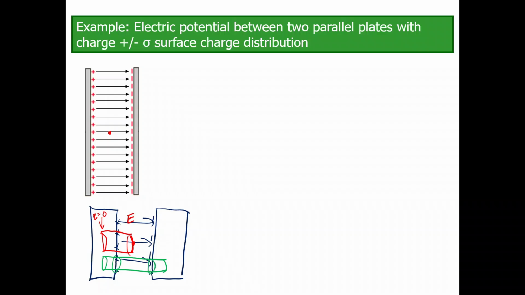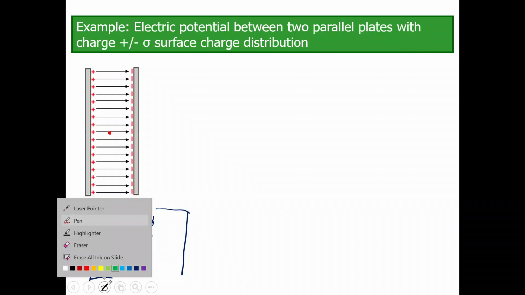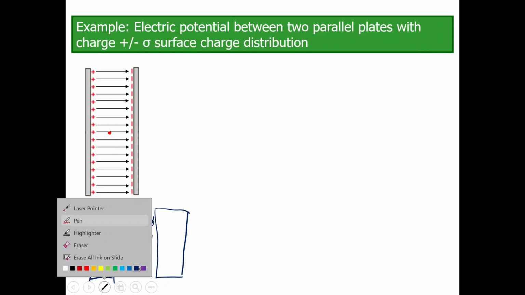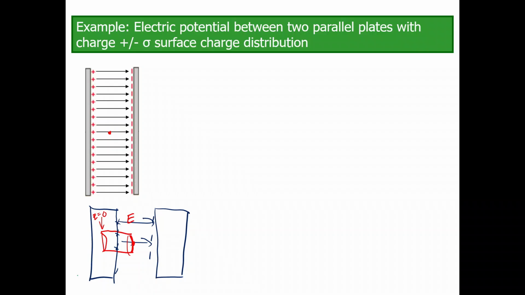It would have a positive and a negative charge that would be equal and they'd cancel. So I'd actually have no enclosed charge. There would be no electric field. So I need to make sure that the point that I am choosing is actually in the gap in between the plates themselves.